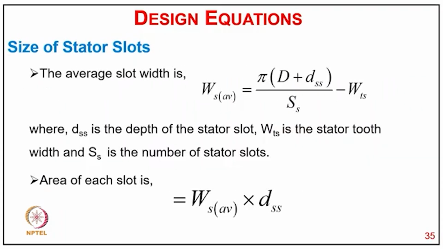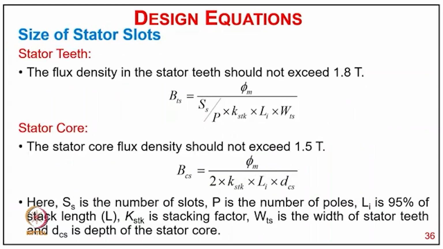The average slot width will be WS average equal to pi (D plus DSS) divided by SS, minus WTS, where DSS is the depth of the stator slot, WTS is the stator tooth width, and SS is the number of stator slots. So the area of each slot will be WS average into DSS.